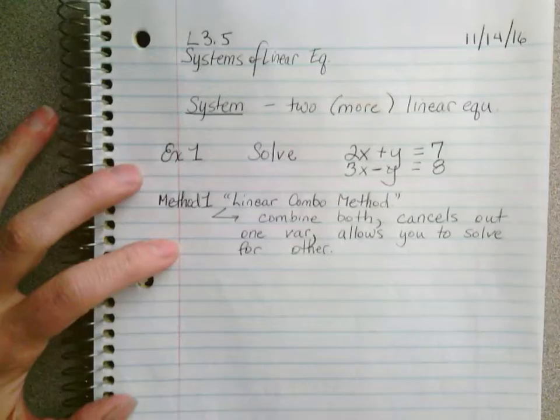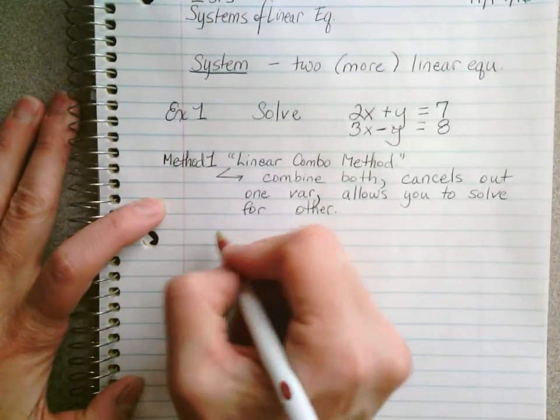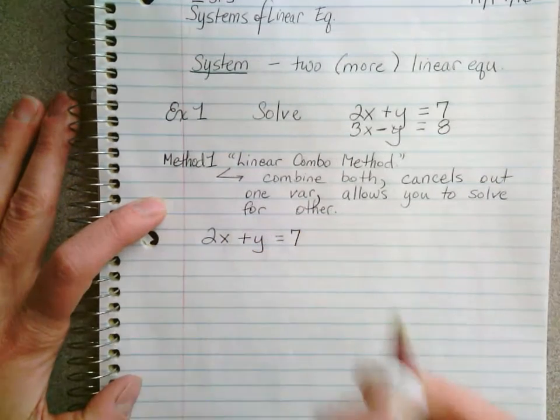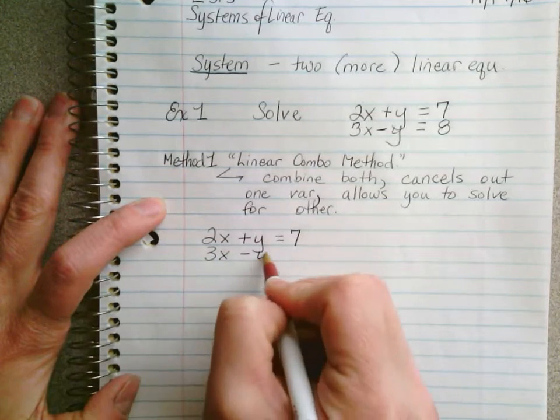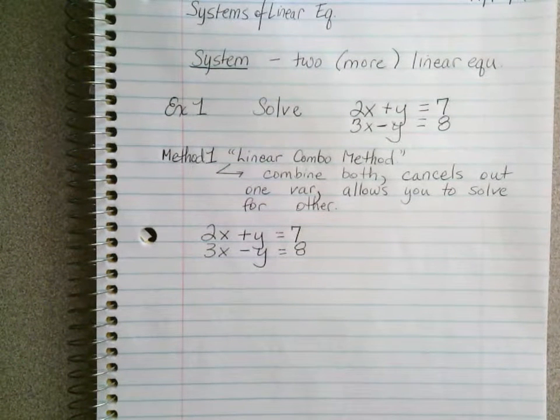First, look at it and see if anything within one equation is opposite of the other. In this case, the y's are actually exact opposites of one another. You guys able to see that? One is a positive y and one is a negative y. Okay?